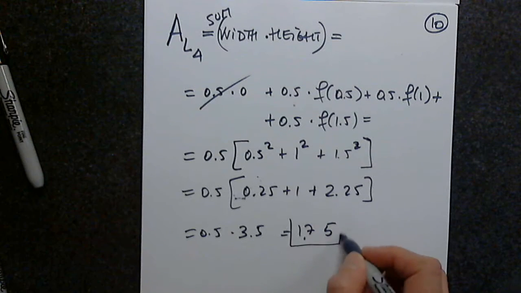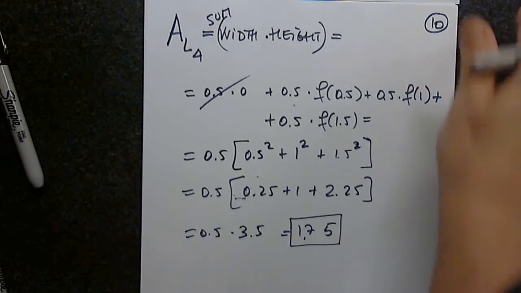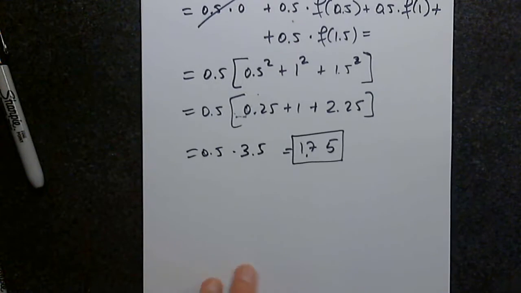So this is the estimated area, using 4 subintervals of equal width and the leftmost point of the interval. Any questions? We will repeat 2 more times.